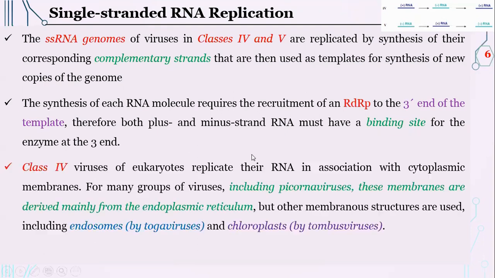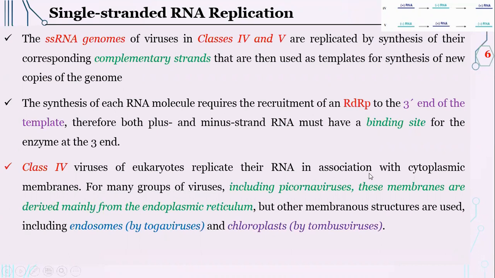And next is class 4 viruses. These are the class 4 viruses. They, of eukaryotes, replicate their RNA in association with the cytoplasmic membranes. So these class 4 viruses do not simply replicate in the cytoplasm, in the cytosol, but they specifically need the cytoplasmic membranes.